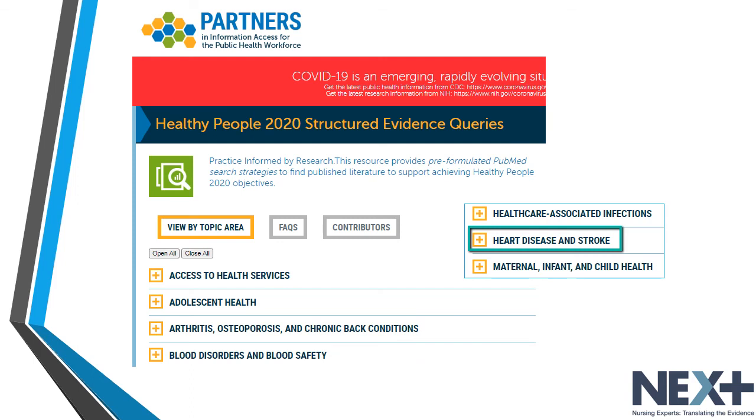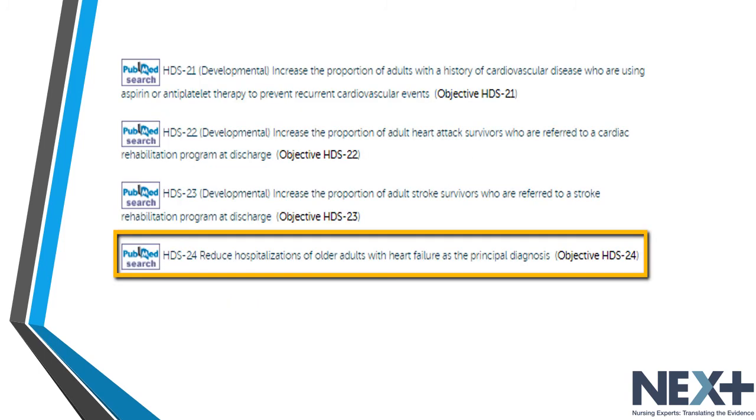The searches are organized by topic. We will choose heart disease and stroke. Now we can choose a specific objective to search in PubMed. Objective 24, reduce hospitalizations of older adults with heart failure as the principal diagnosis, looks good.